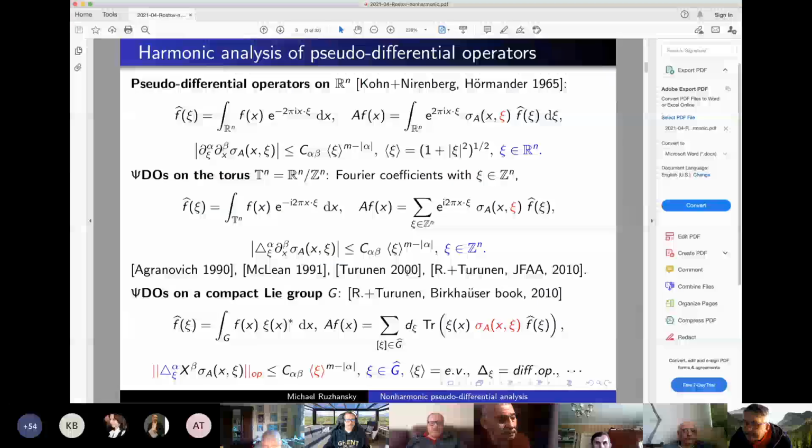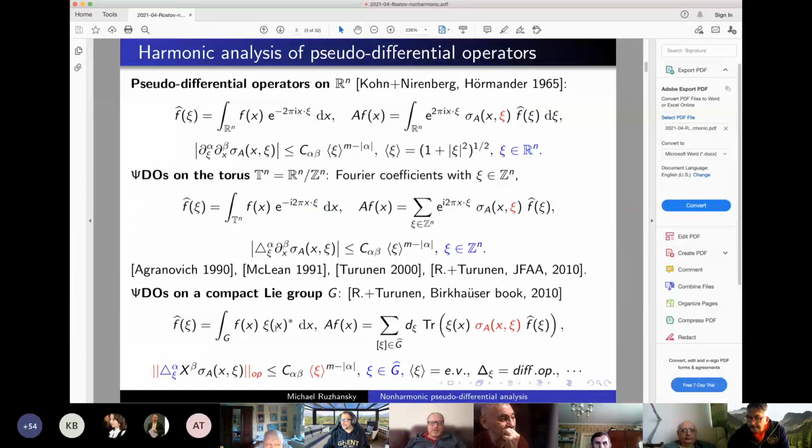We can extend this to compact groups, and in the case of compact groups I emphasize a few differences. We consider the Fourier coefficient, where xi is a representation of a group, and we know that groups are well characterized by their representations.